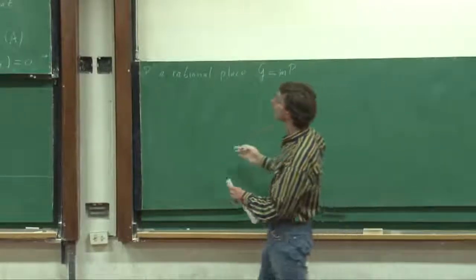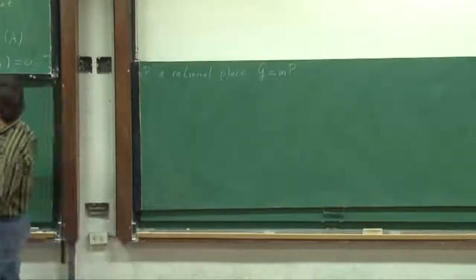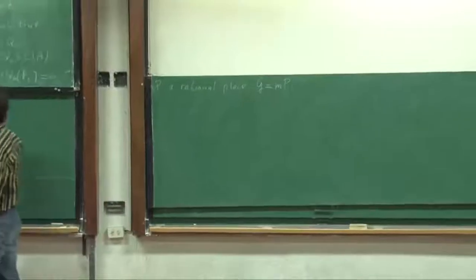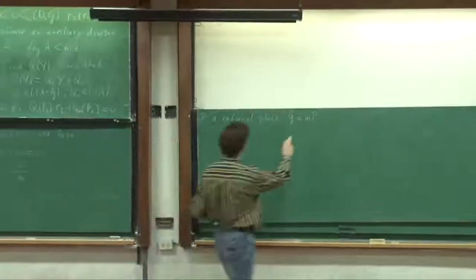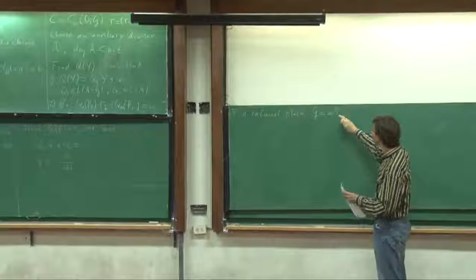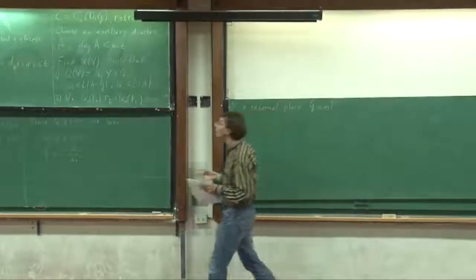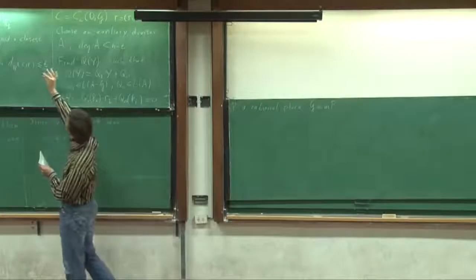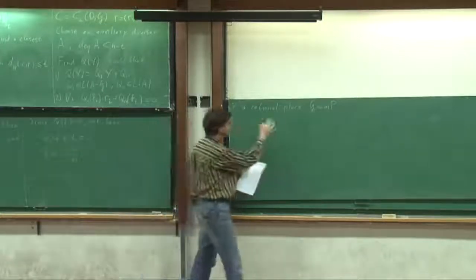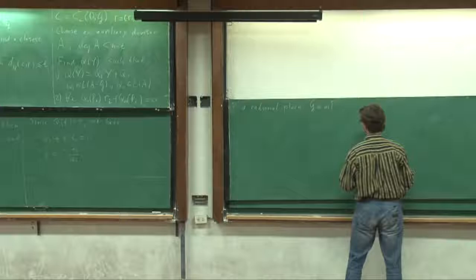It means that in this evaluation map we used n rational places. Well, we cannot use this one anymore, but otherwise we still have a lot of rational places at our disposal for making this evaluation map. So this is not a heavy restriction.